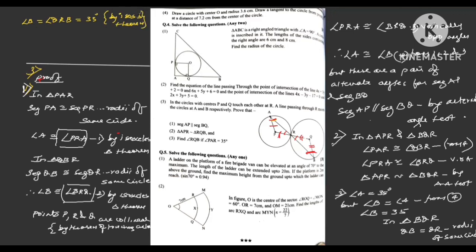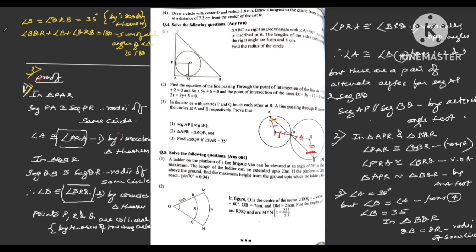Now you can see here, children, when two angles are 35 degrees, what will the third angle be? Angle BQR plus angle B plus angle QRB is equal to 180, the sum of all angles of a triangle is 180 degrees.